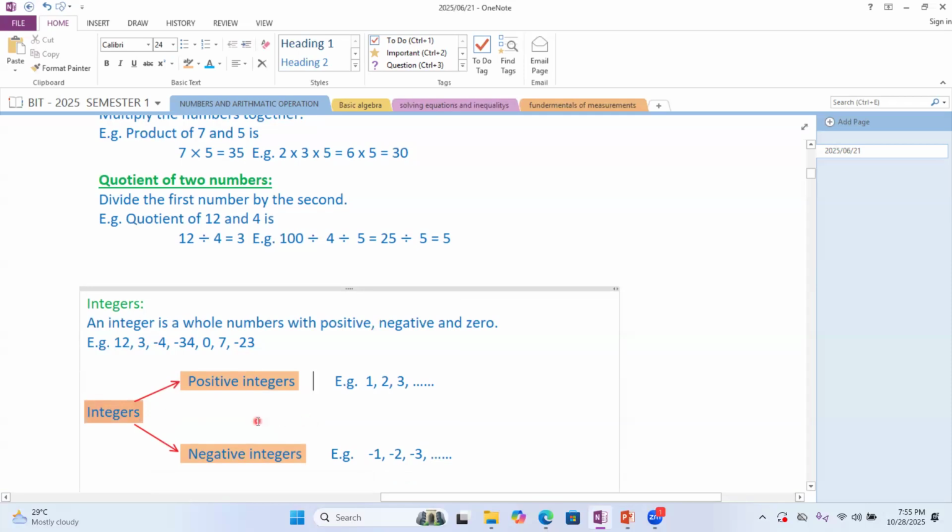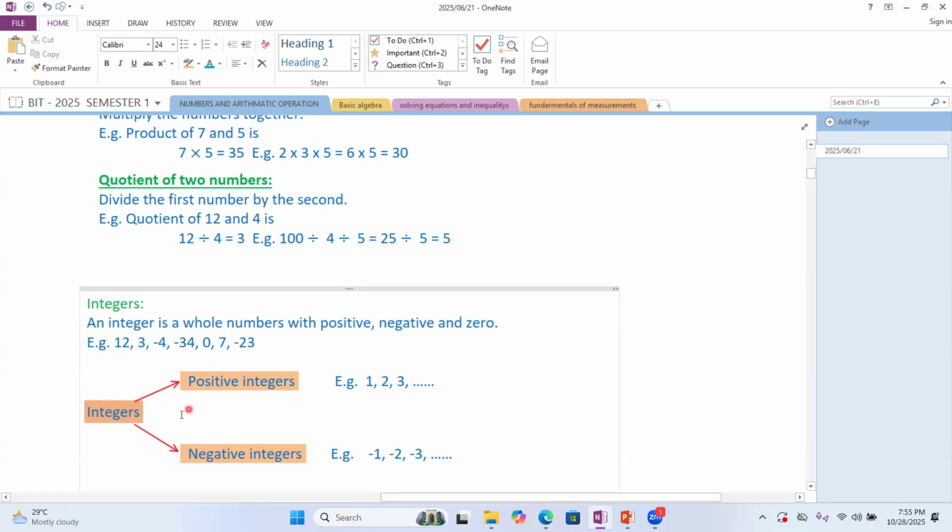Integers can be represented in two ways: positive integers, negative integers. Therefore, zero is also an integer. Zero is also an integer. That is neither positive nor negative.